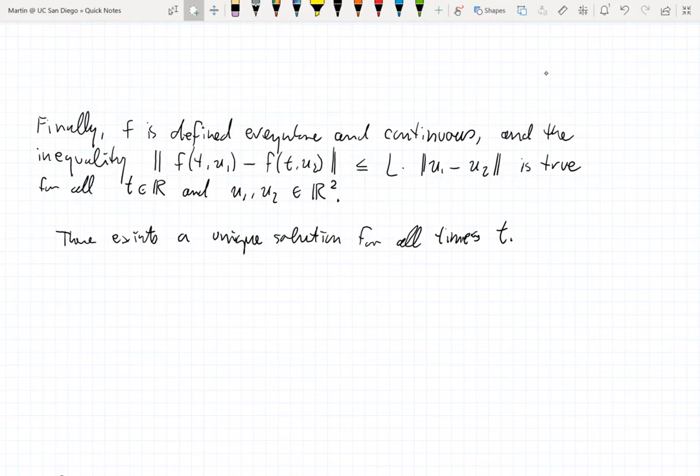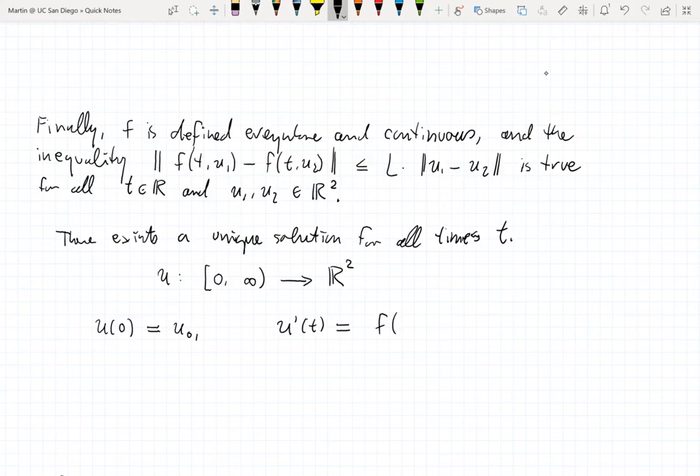And the conclusion is that there exists a unique solution for all times t. The solution exists for all times starting at 0, going up to infinity, and it satisfies the initial condition u(0) equals u0, and the differential equation u'(t) equals f(t, u(t)) for all times t after 0.